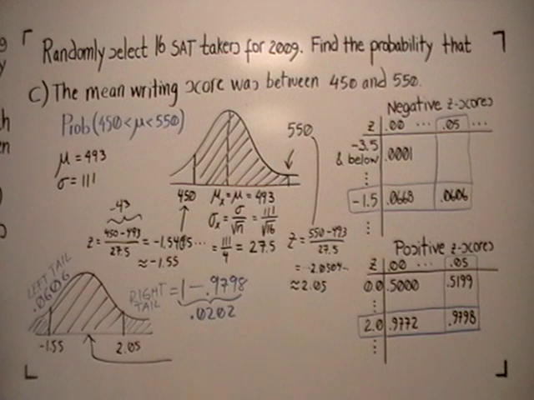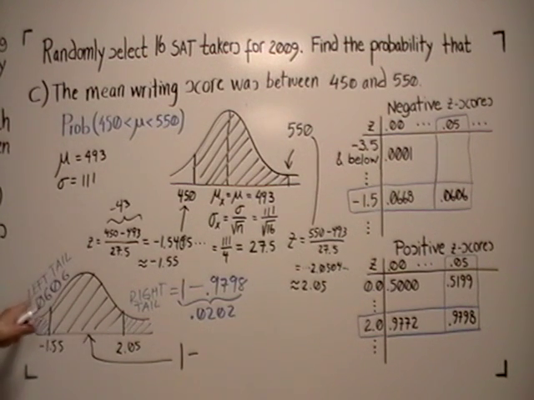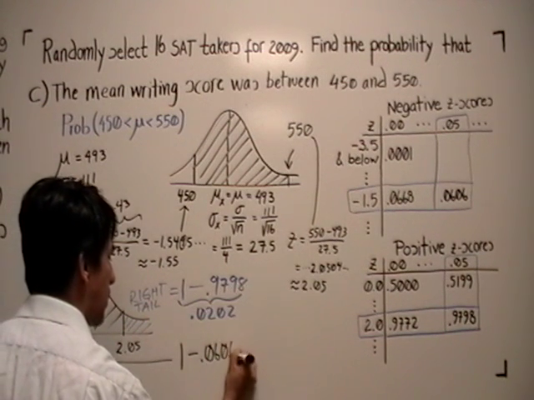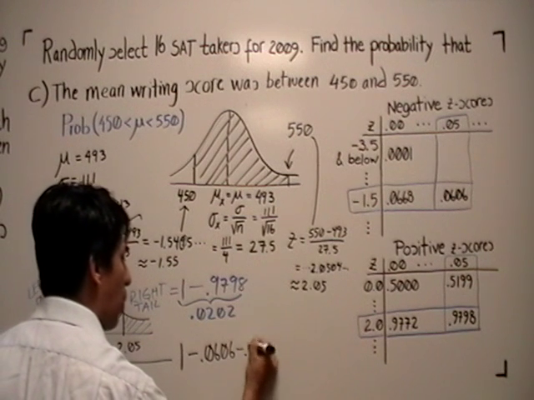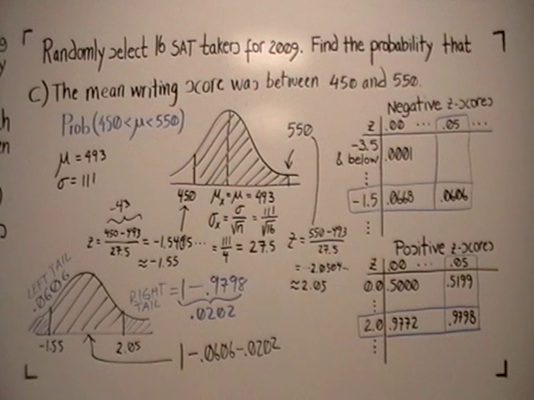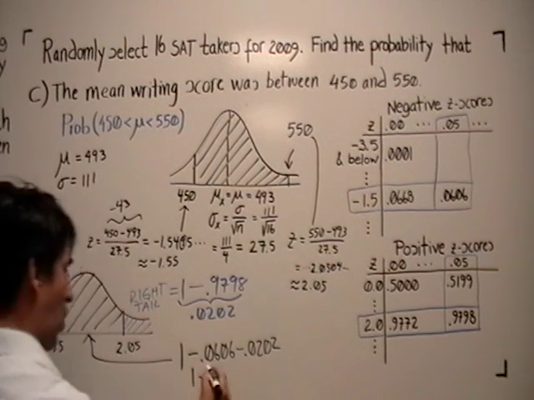That area in the middle is going to be 1 minus the area of the left tail minus the area of the right tail, so 1 minus 0.0606 minus 0.0202.